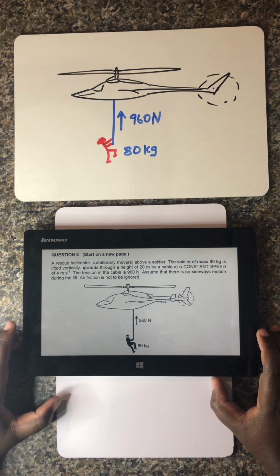The tension in the cable is 960 Newton. Assume that there is no sideways motion during the lift. Air friction is not to be ignored.